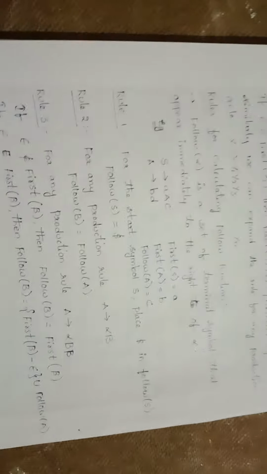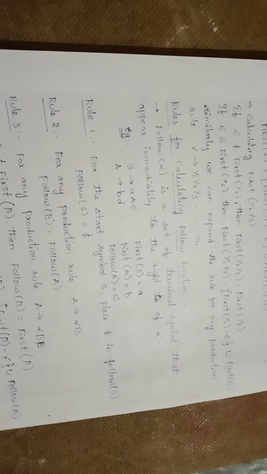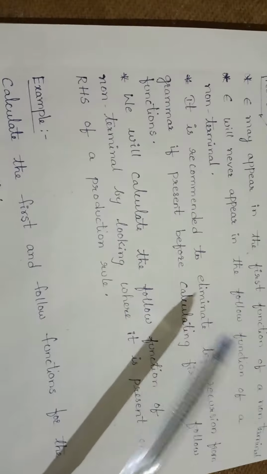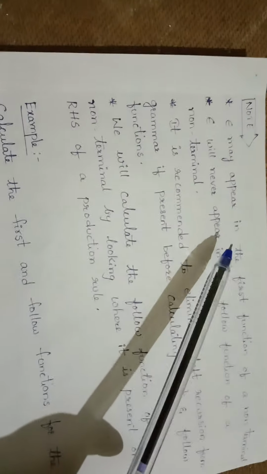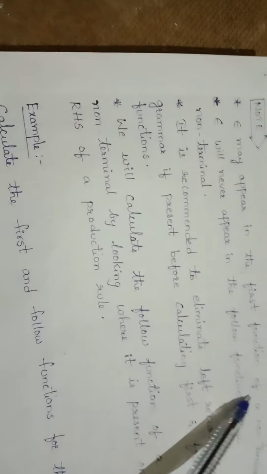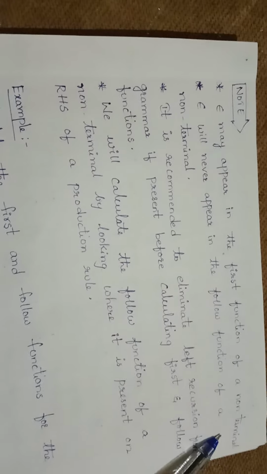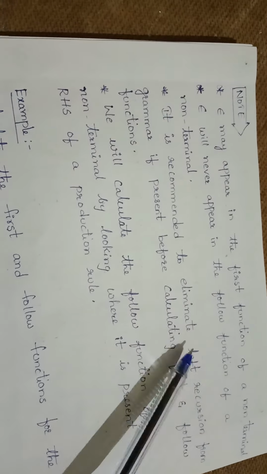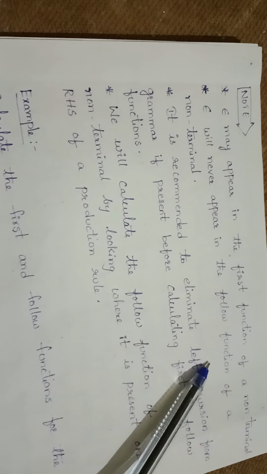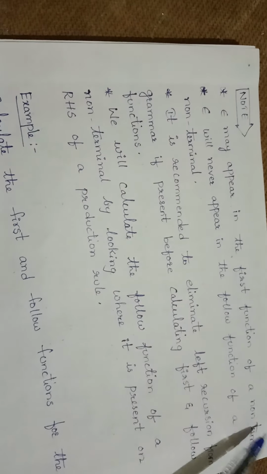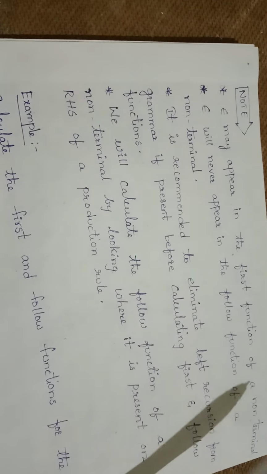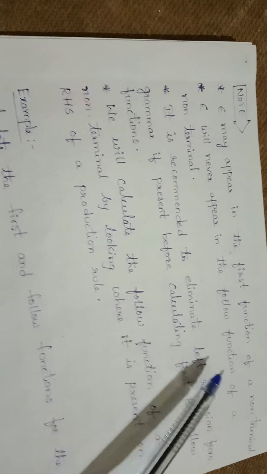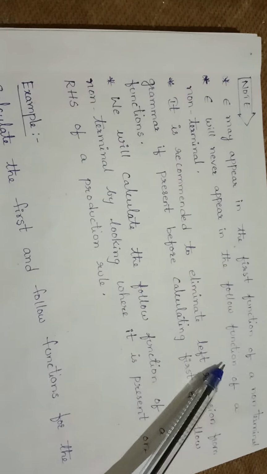So these are the rules for calculating the First and Follow functions. There are some important points which need to be considered here. Epsilon may appear in the First function of a non-terminal. Epsilon will never appear in the Follow function of a non-terminal.